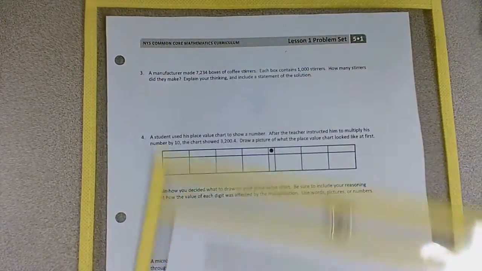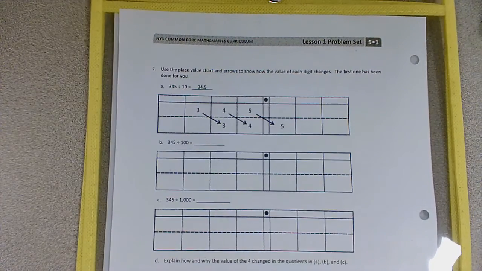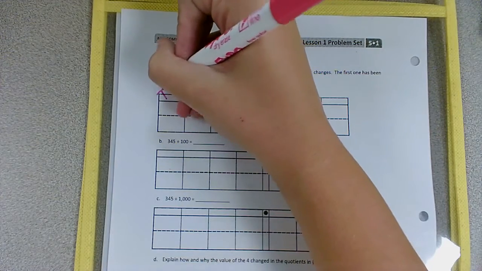Now let's take a look at the other side. So now we're going to look at division. So once again, I'm going to write my place values up at the top.